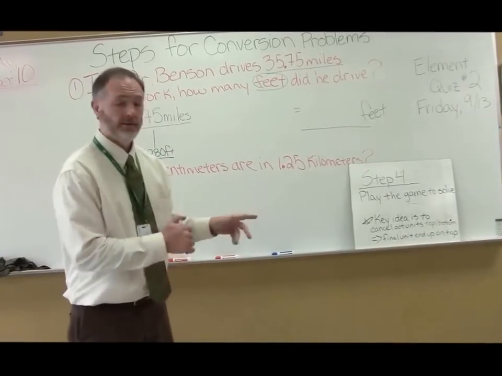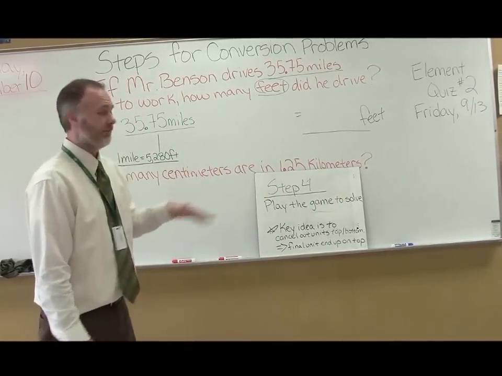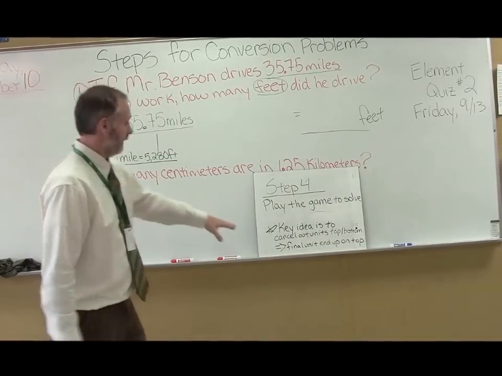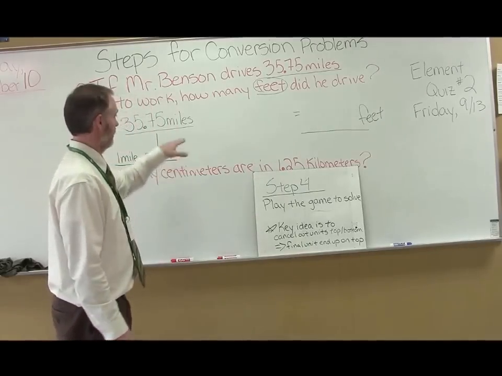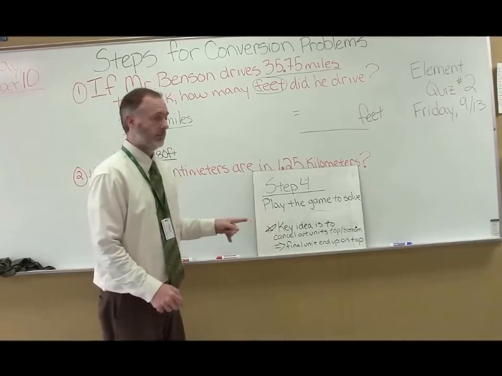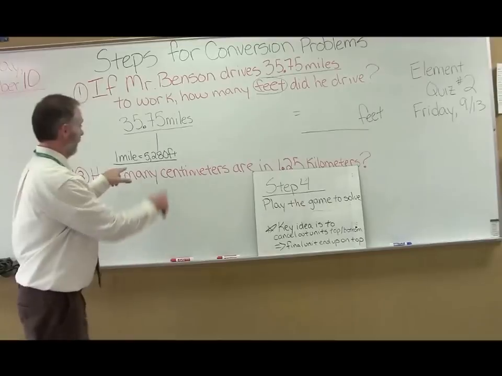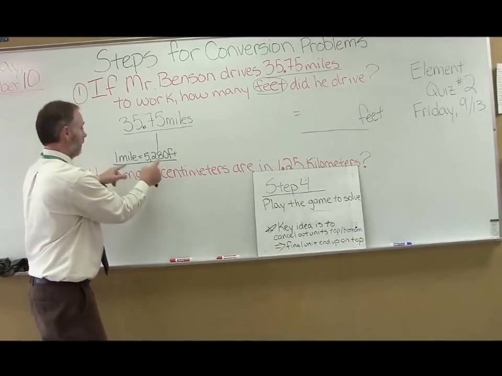So finally, last step, play the game to solve for our final answer. The key idea is we've got to cancel out the units top and bottom, and the final unit needs to end up on top. So I have miles, I have feet, and I have both of those in my conversion unit.